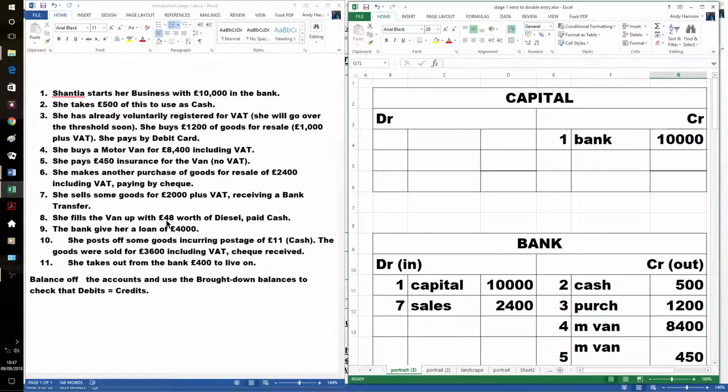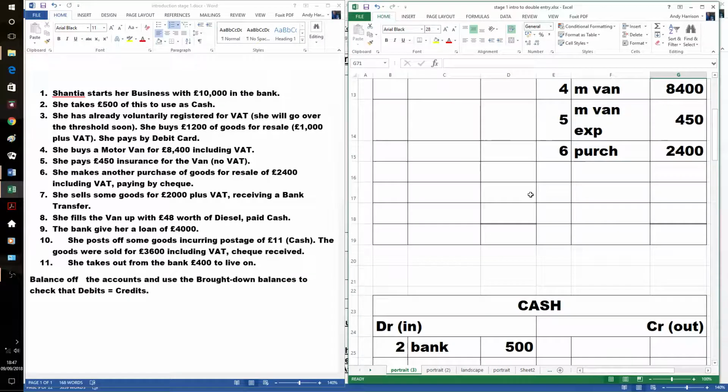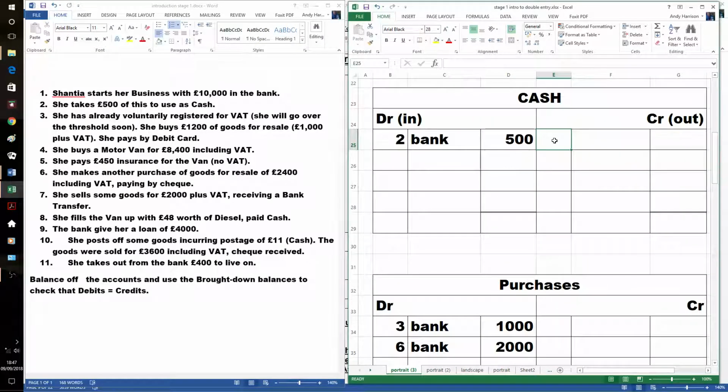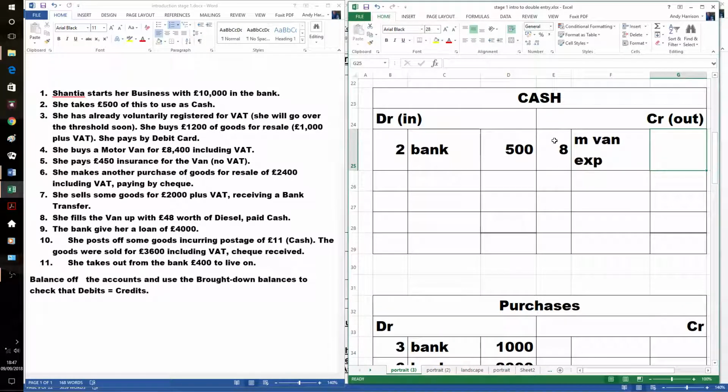So cash paid, £48 worth of diesel. I'll do this one first. So we're now on number 8. Motor van expenses.